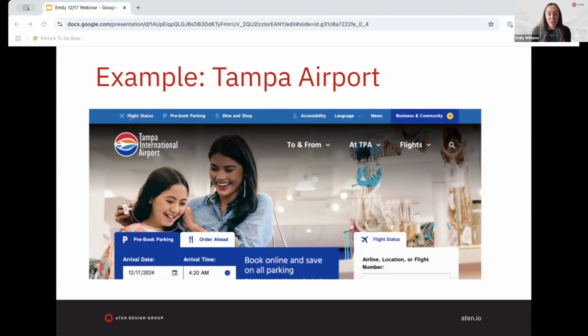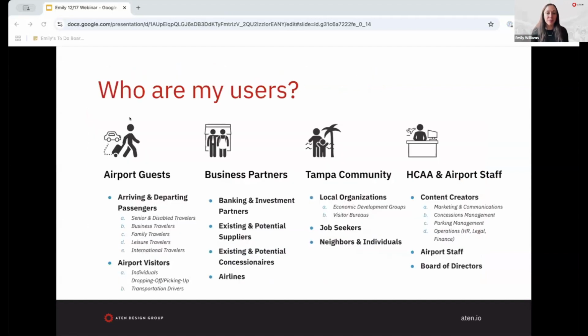There's a lot that we need to know. So the first thing that we want to do in this strategy phase to build our evidence is think about who our users are. So this might involve working with stakeholders. It might involve talking with users of the website to find out a little more of their profile. In this case, we worked with stakeholders and defined our user base.